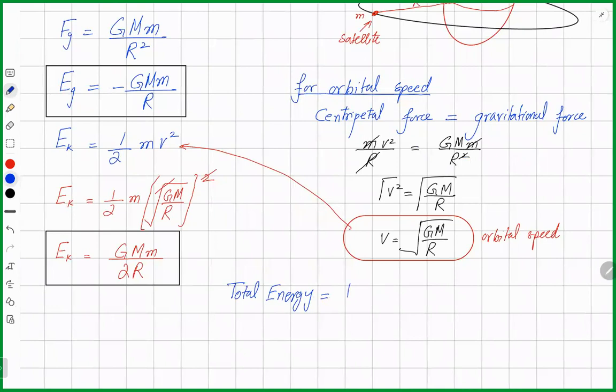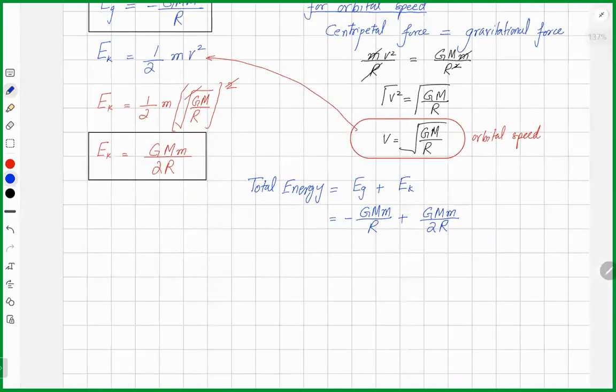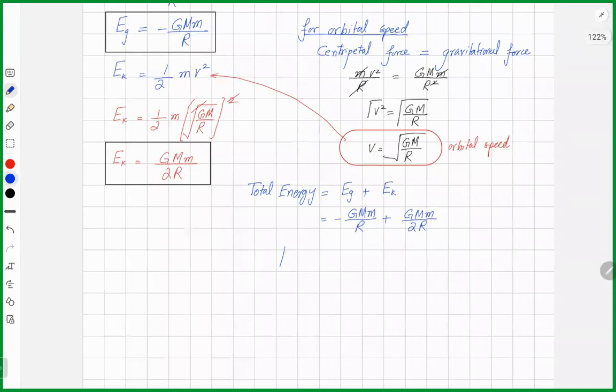That will be gravitational energy plus kinetic energy. It will be minus G M m over r plus G M m over 2r. So what will be the total energy of the satellite? Minus a half G M m over r.